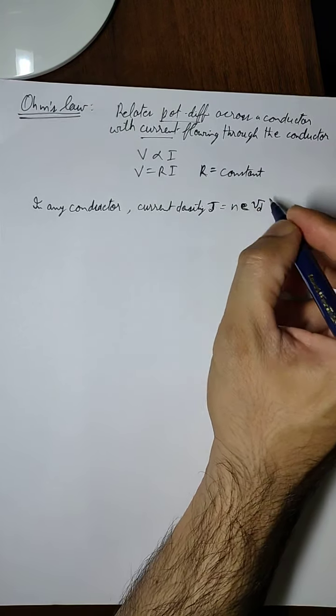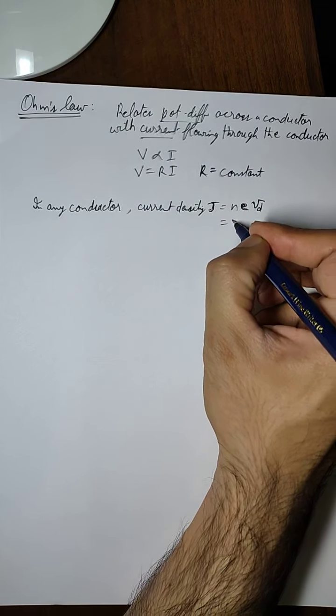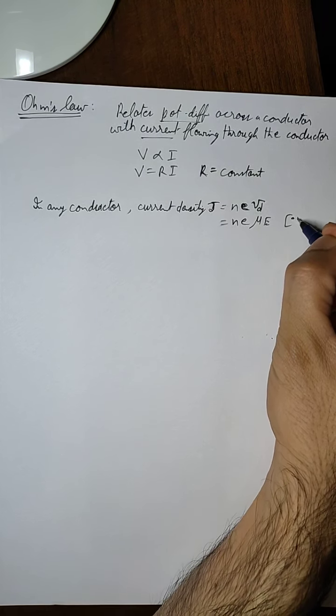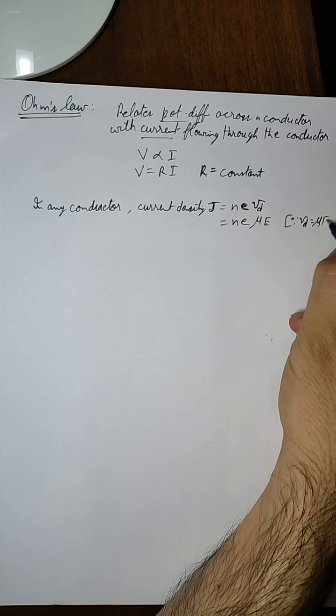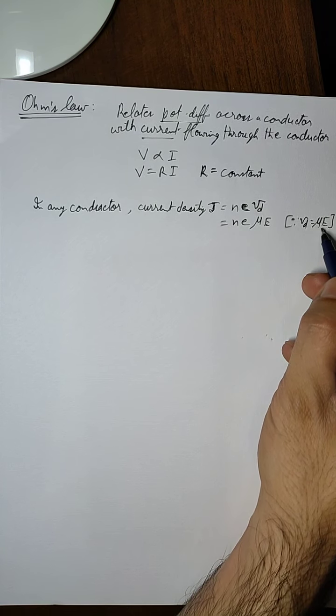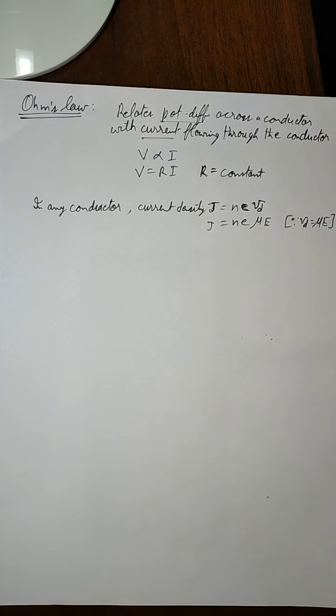We already studied that drift velocity equals mu E, where mu was the mobility of electrons, so we will use that here. So our current density will become N e mu E.